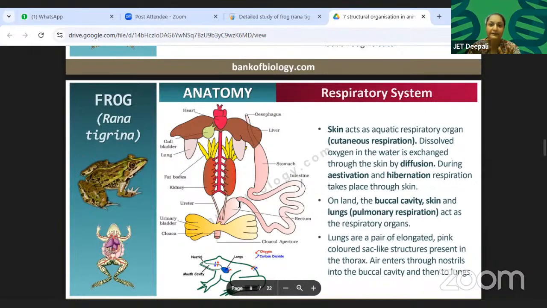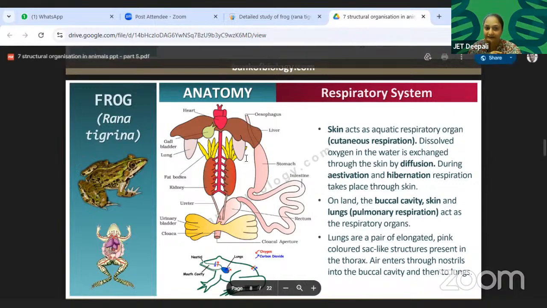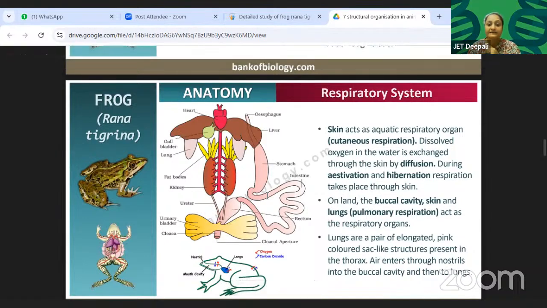So during that period, they are mostly doing the cutaneous respiration. So that is the important respiration. On the contrary, they do the pulmonary respiration also. Okay, lungs are a pair of elongated pink colored sac-like structures. You can see their pink colored sac-like structures present in the thorax.